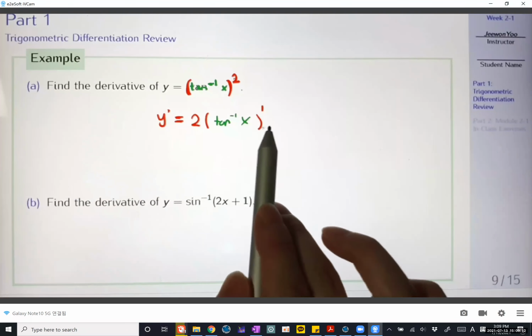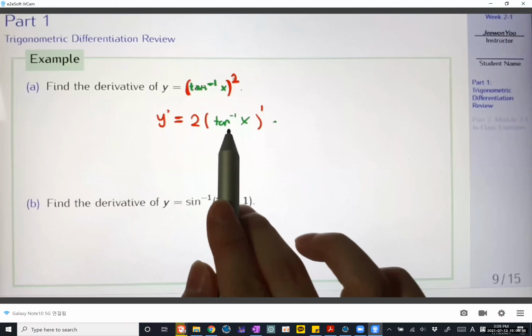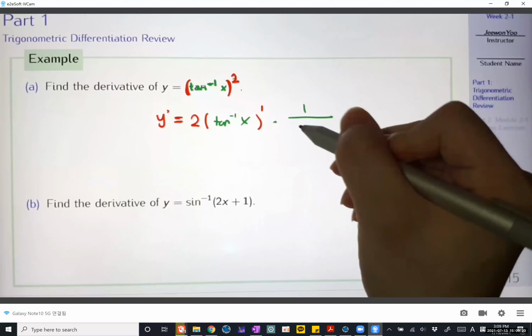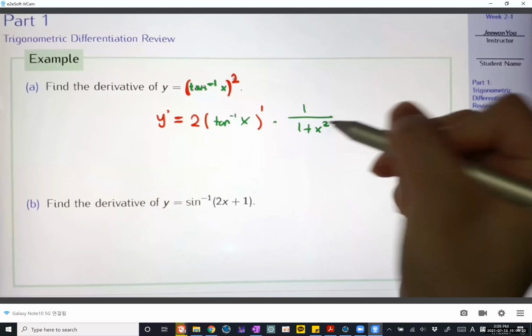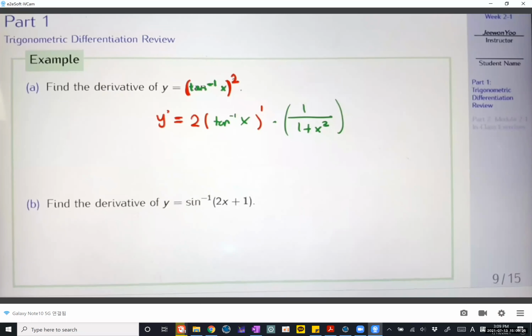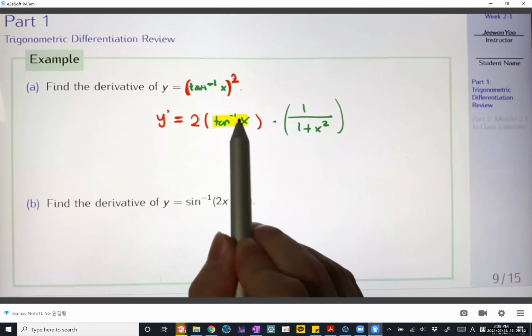However, you multiply by the derivative of the inside. The derivative of the inside becomes 1 over 1 plus x squared. There you go. You don't have to simplify. That's the answer. So hopefully you don't forget the inside.